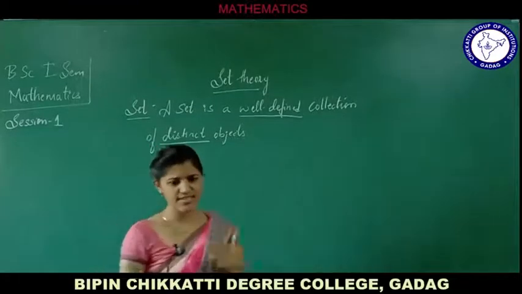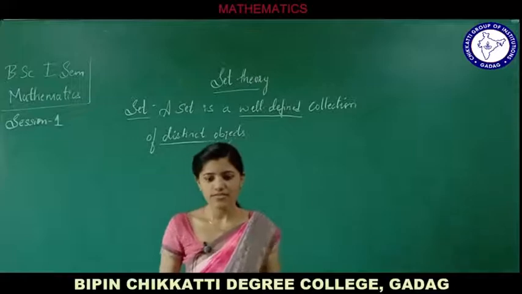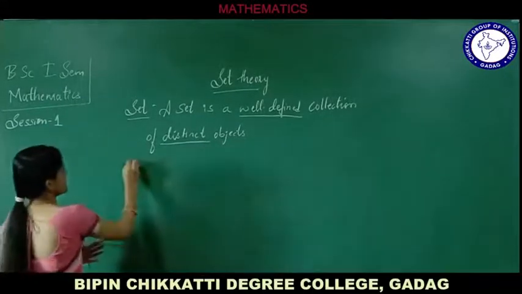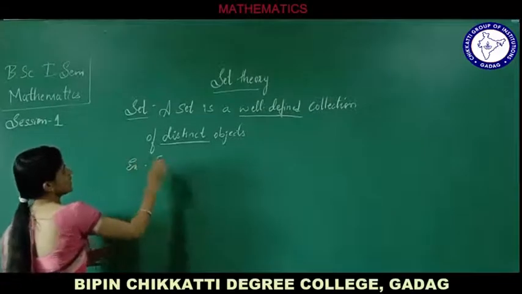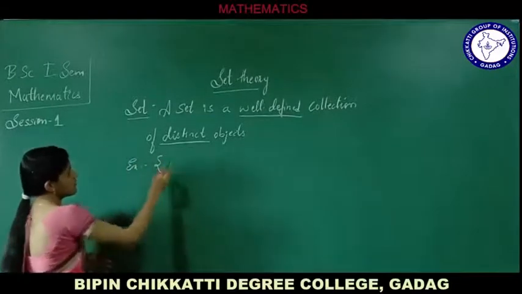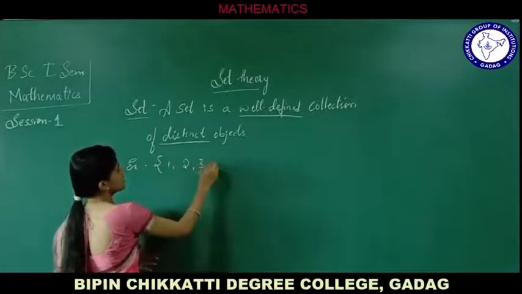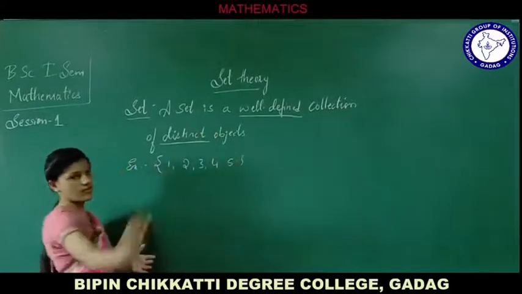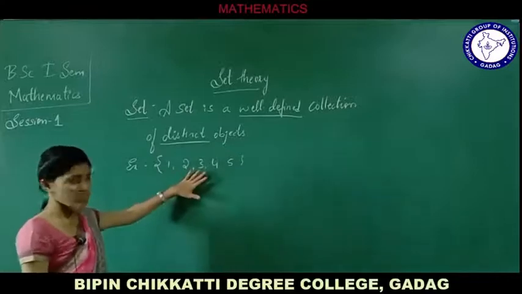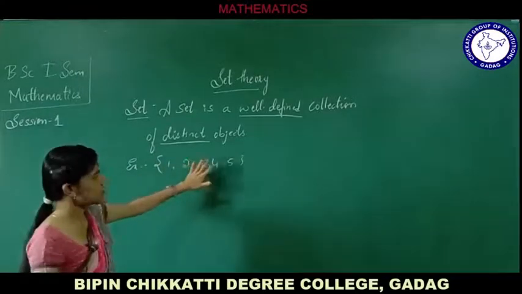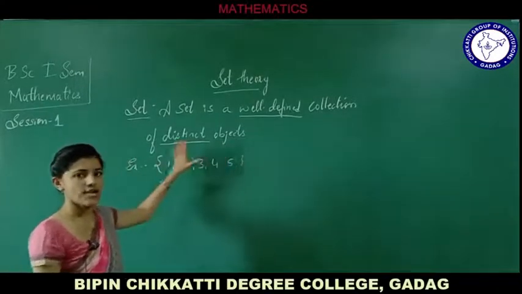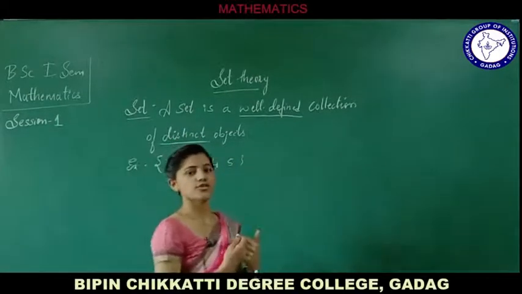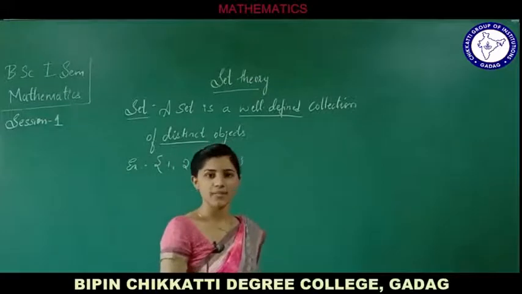The next thing is, for example, I say 1, 2, 3, 4 and so on, might be 5. This is a set. The numbers 1, 2, 3, 4, 5 are called the elements of a set, and we are going to denote a set by capital letters.